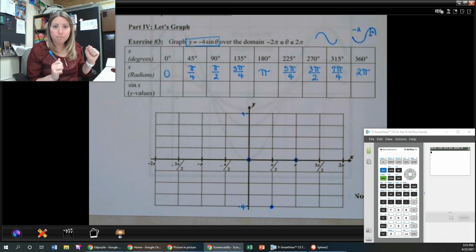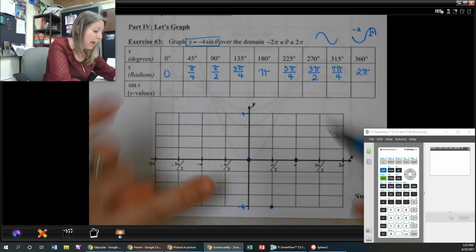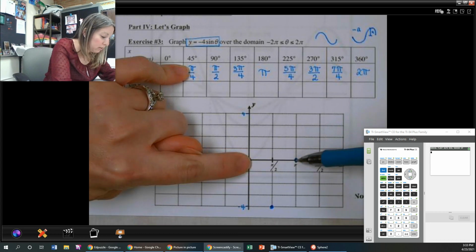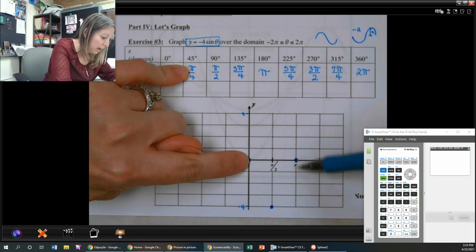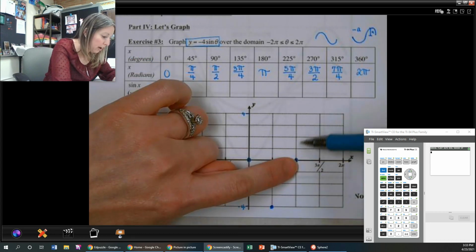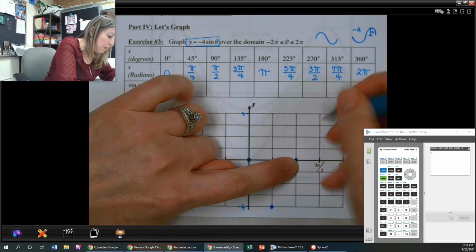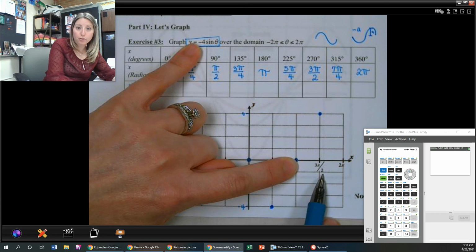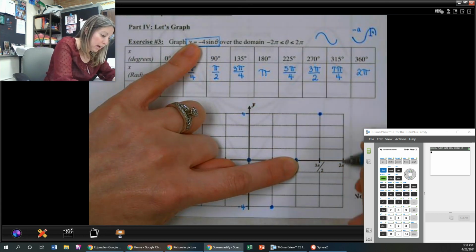Okay? Now, what this means is we've come back. So we had down, we come back in our curve. Now we're going to head up. That means that our maximum height of 4 is going to come at 3 pi over 2, or 270 degrees. And then, of course, back down to 0.